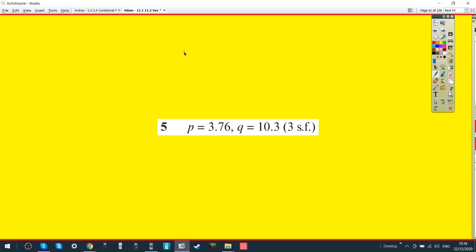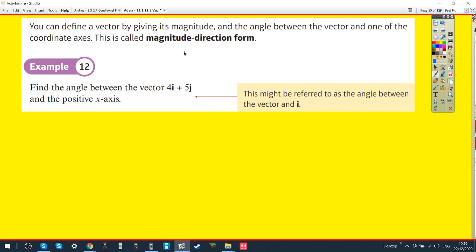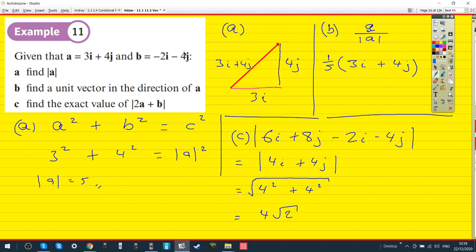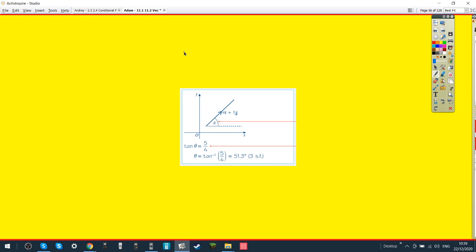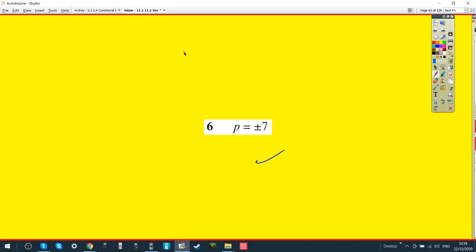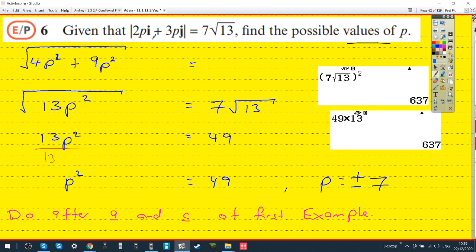Before it was, here's a vector, find its magnitude, you do Pythagoras. This time you're told, here's a vector, its magnitude is this, find out what it originally was. Make an equation, solve the equation, 2 possible solutions. Any questions there? Nope. Just put the whole thing in the calculator, big brackets like that. Take the nuclear option.